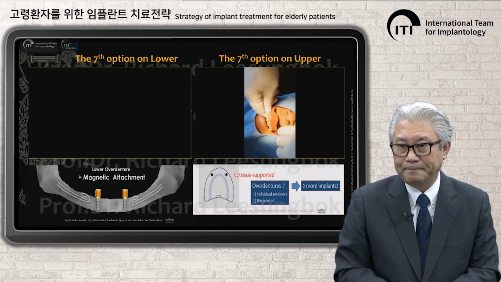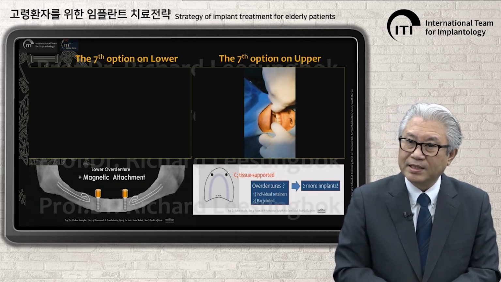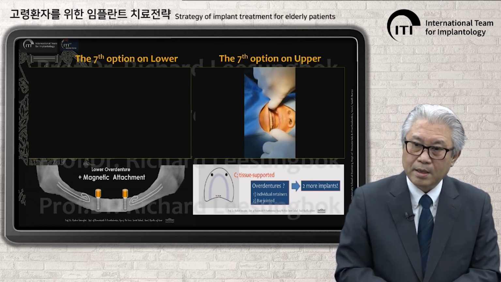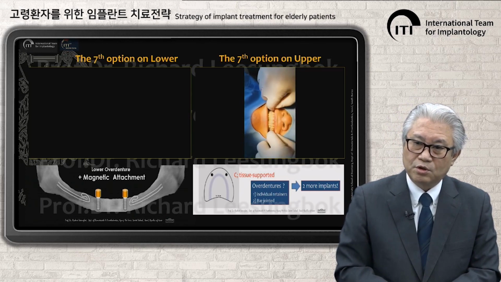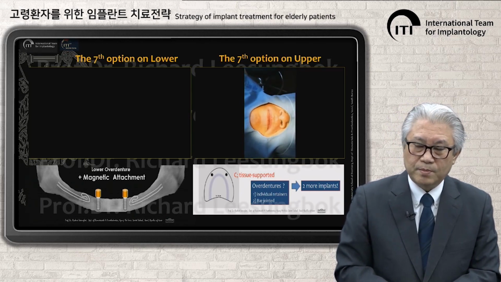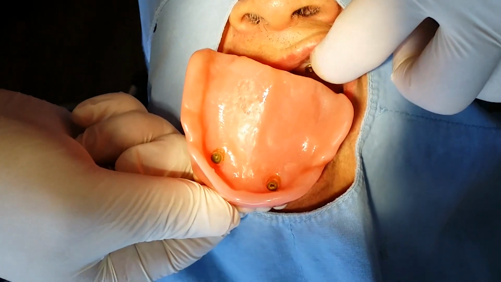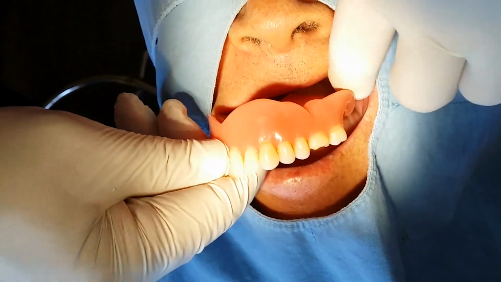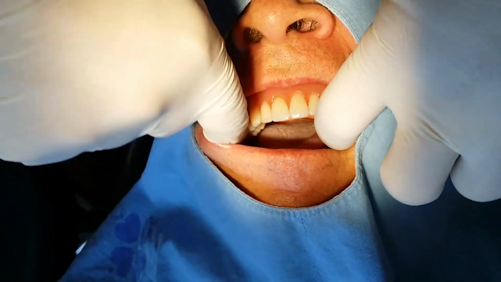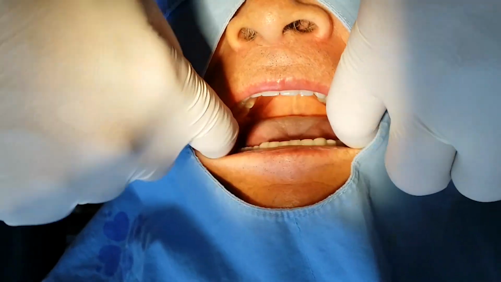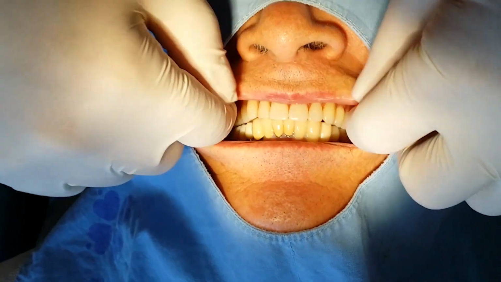Here, 2 implants that were placed in the upper jaw used flexible type magnetic attachment retainers. The usual combination syndrome was painful, but with these 2 implants, all the discomfort and pain disappeared.